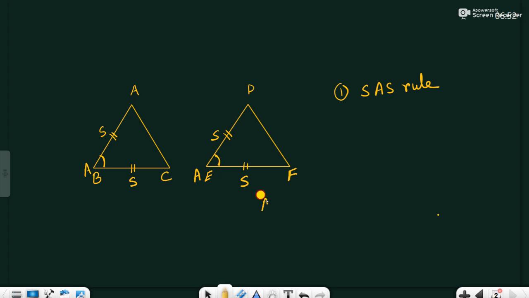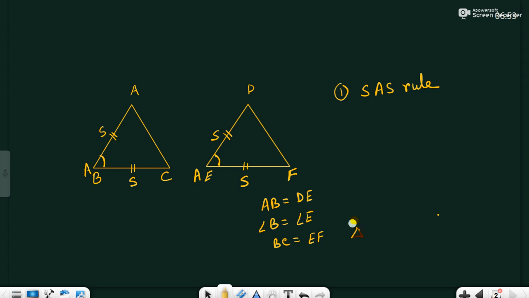Again you can write in this way: AB is equal to DE, angle B is equal to angle E, side BC is equal to side EF.